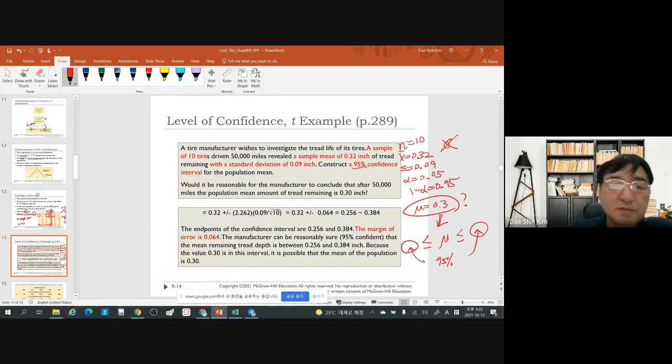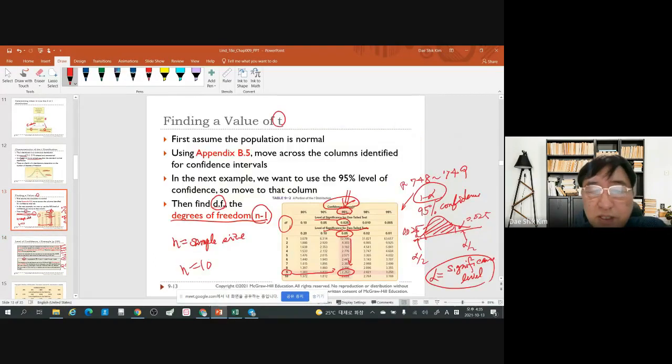Okay, so the formula is X bar plus minus t. The t I have calculated already, it was 2.262.